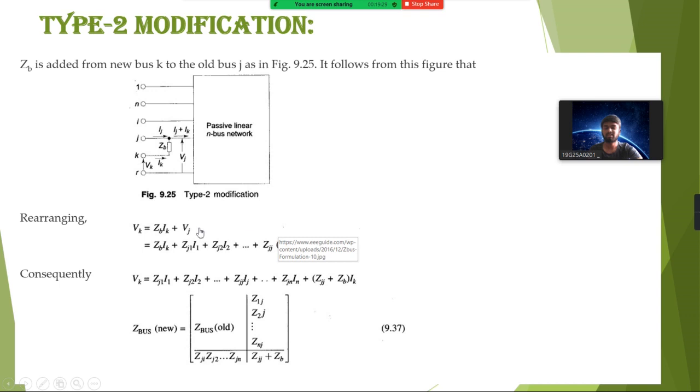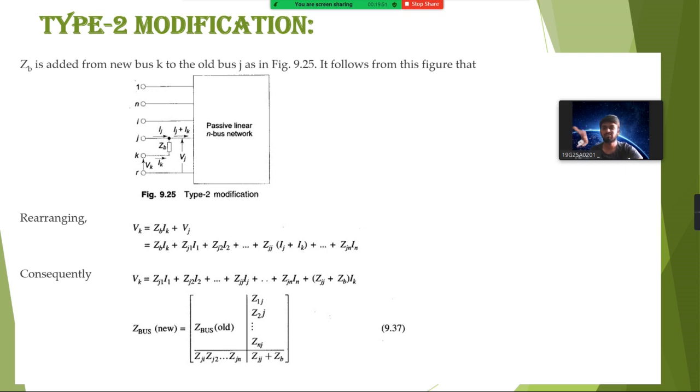By rearranging these equations, we will get Vk is equal to Zb Ik plus Vj, which is equal to Zb Ik plus Zj1 I1 plus Zj2 I2 and so on up to Zjn In.